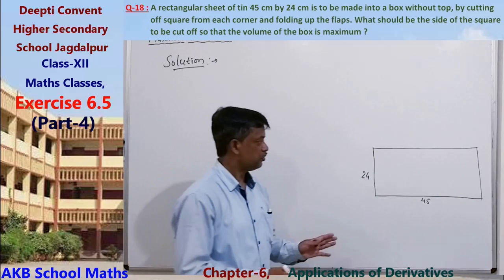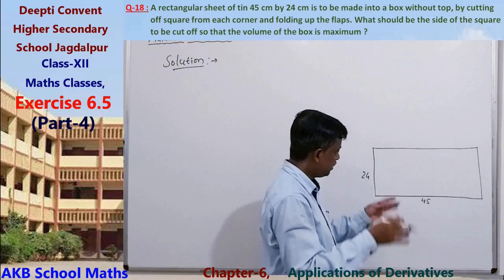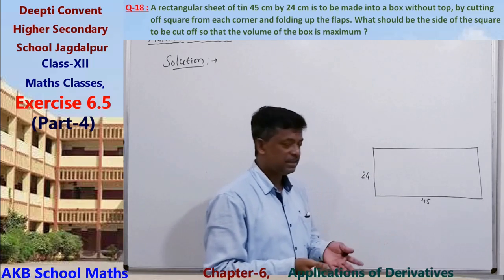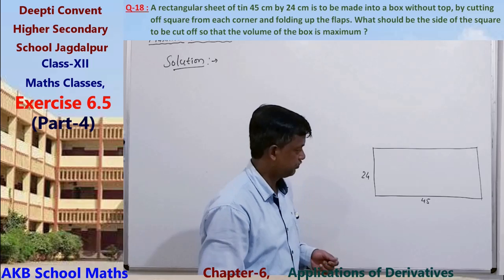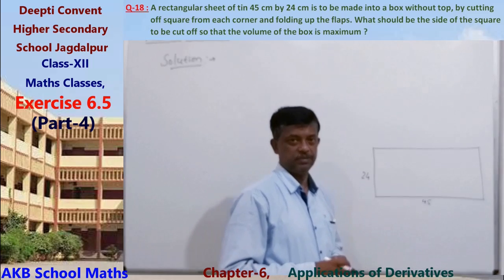We have to cut off a square from 4 corners and then make a box without top such that the volume of the box will be maximum.